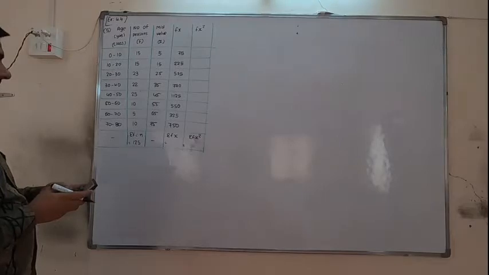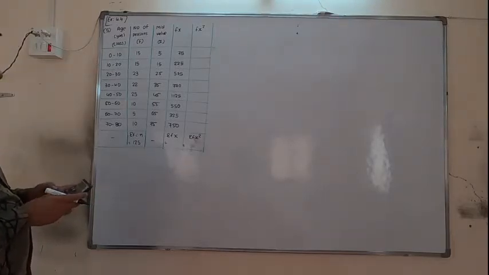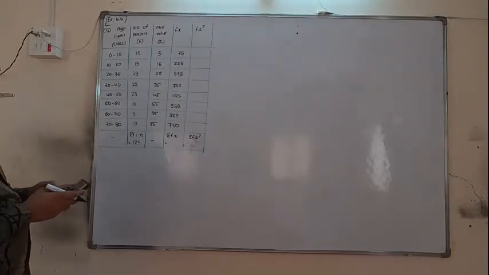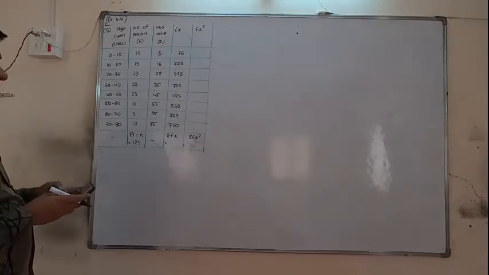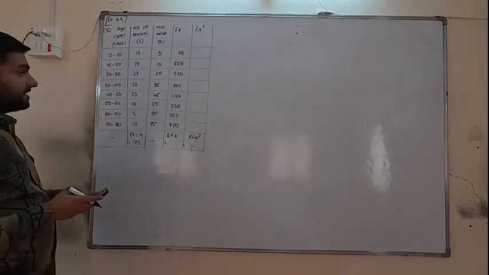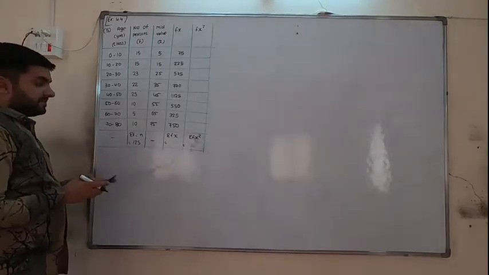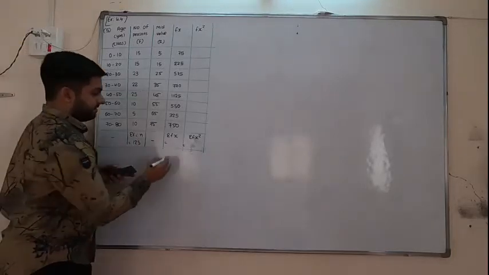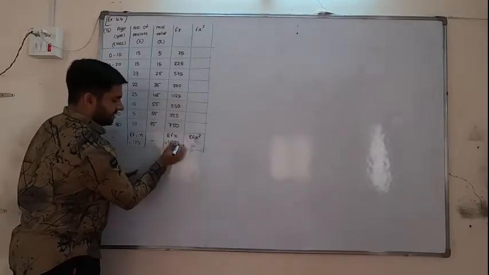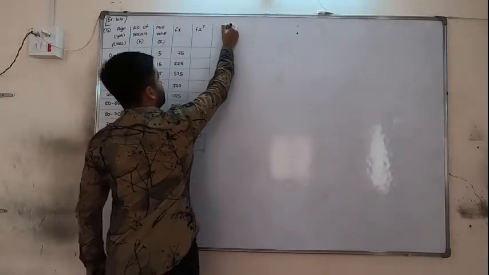If you want, you can check again if you have doubt in some. 75, 225, 575, 770, 1125, 550, 325, 750, total 4395. So first we can find the mean.